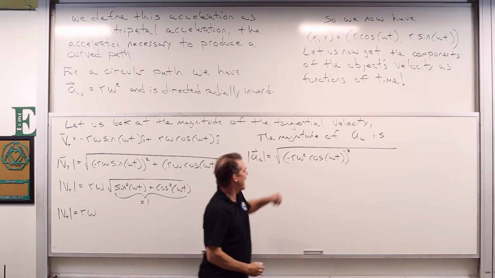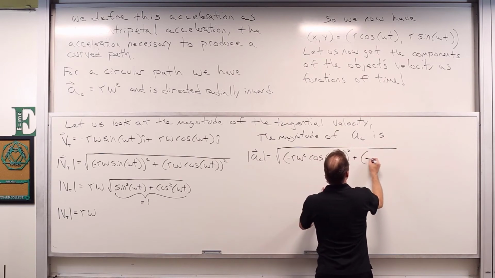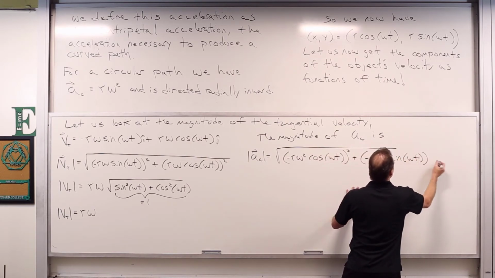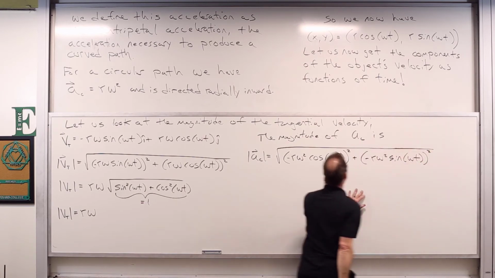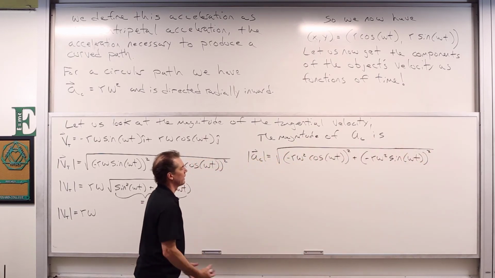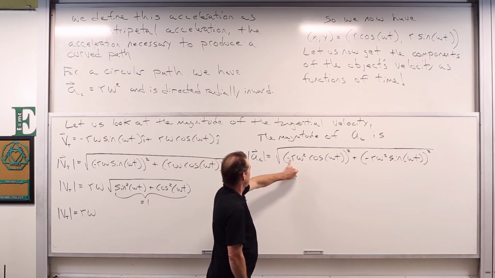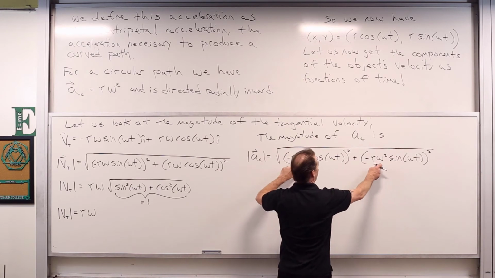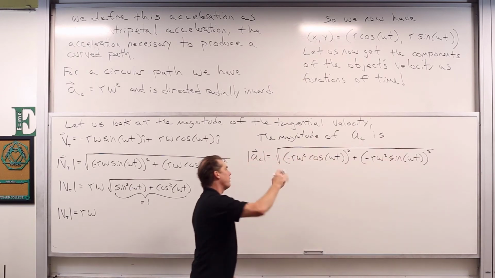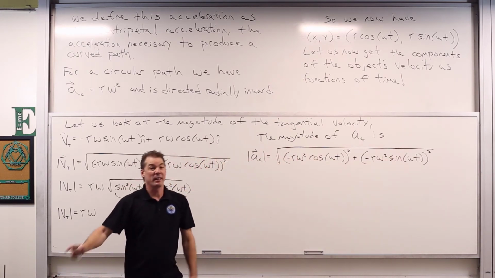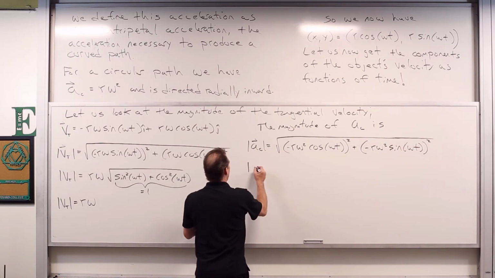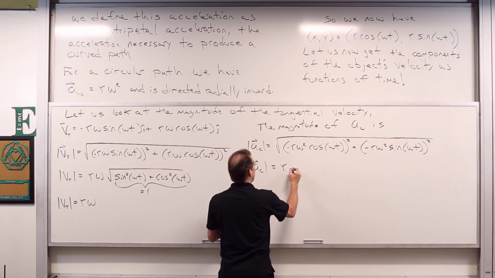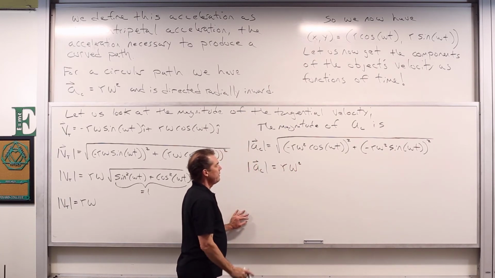So there was the i hat component. We've got a plus r omega squared sine of omega t, the j hat component. And what do we do with this? Well, again, this becomes positive, positive, r squared omega to the fourth, r squared omega to the fourth. Common term, we can factor it out, take the square root of r squared omega to the fourth, gives us r omega squared, and we've got ourselves the magnitude of the centripetal acceleration is r omega squared.